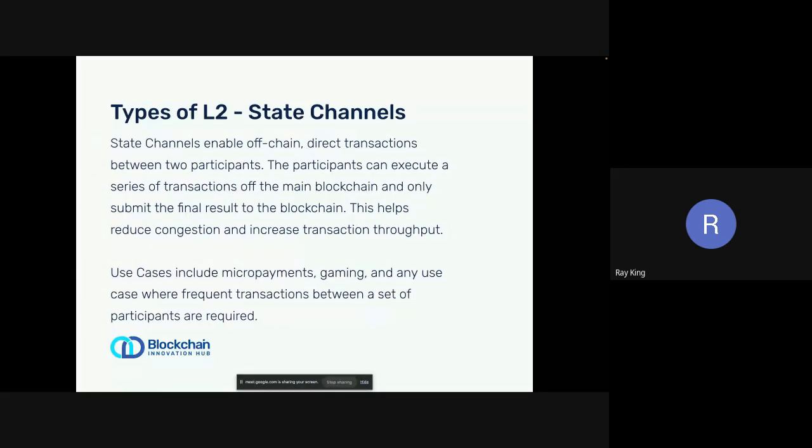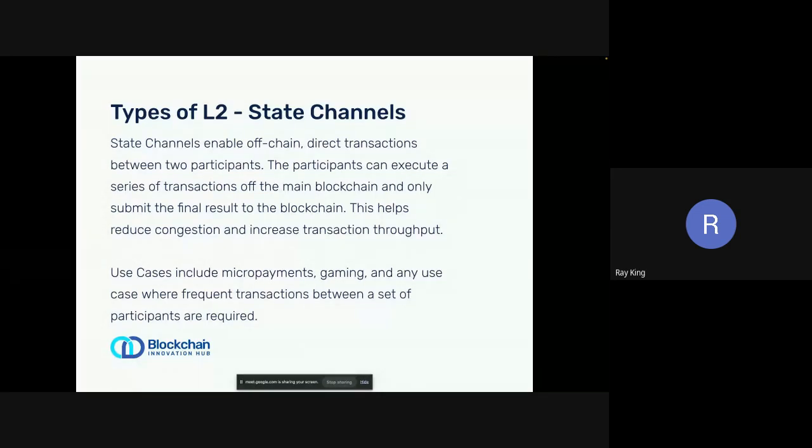So what L2, this state channel, does is that it takes the transaction off chain. What do you mean by off chain? That is, the transaction is now outside the blockchain. Since it's off the chain, it can help to reduce the congestion.